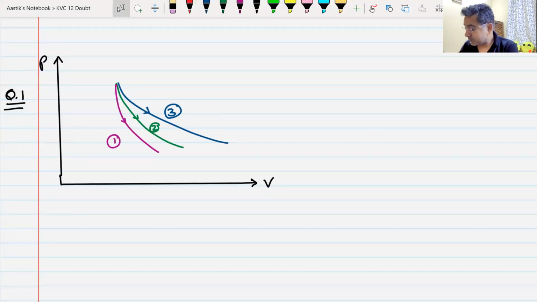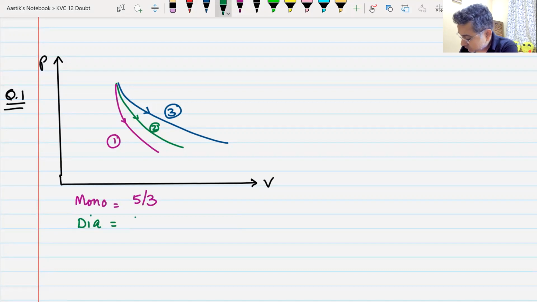Sir, PV to the power gamma is constant, so slope equals minus gamma P by V. So, what is the gamma for monatomic? 5 by 3, sir. Diatomic? 7 by 5. Polyatomic? 4 by 3. Which has got the most gamma? The greater gamma.